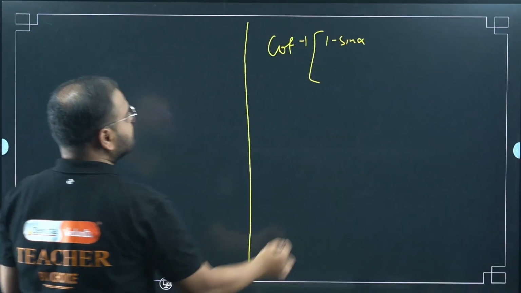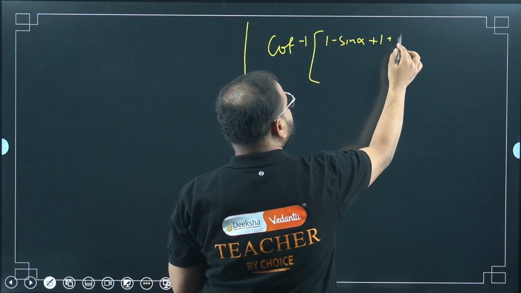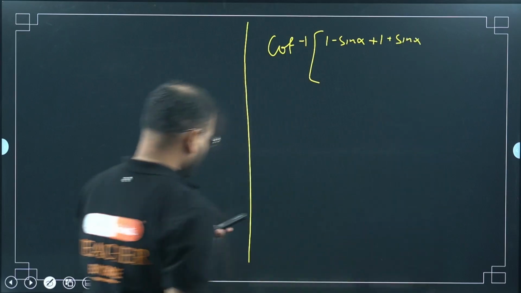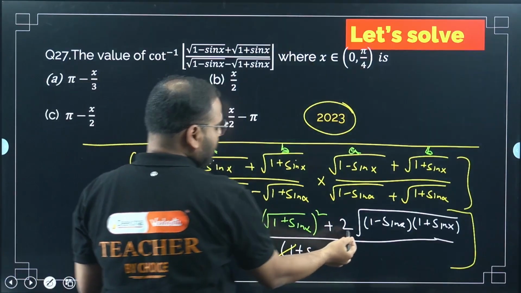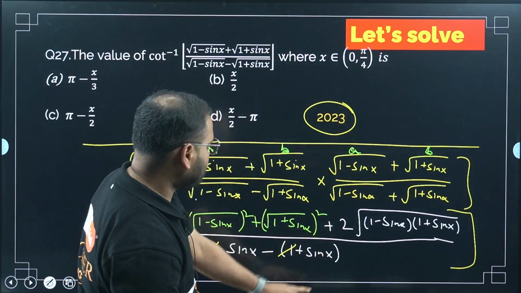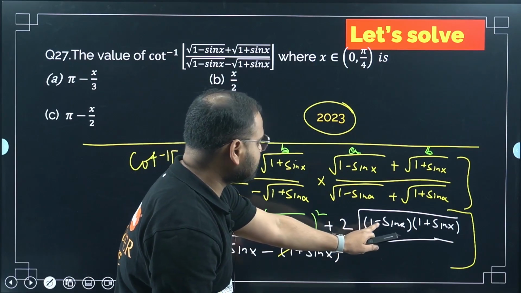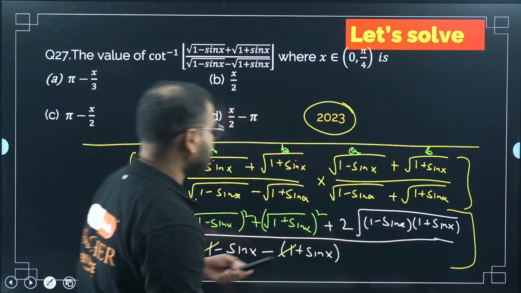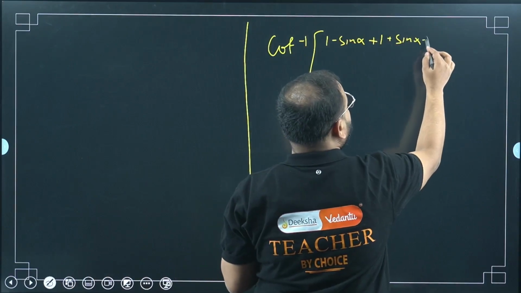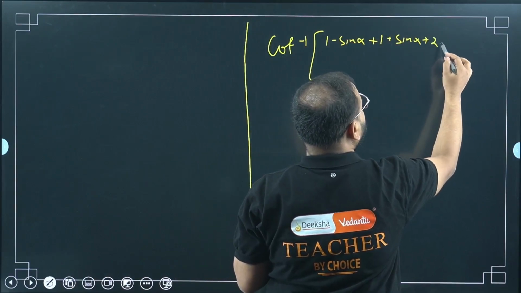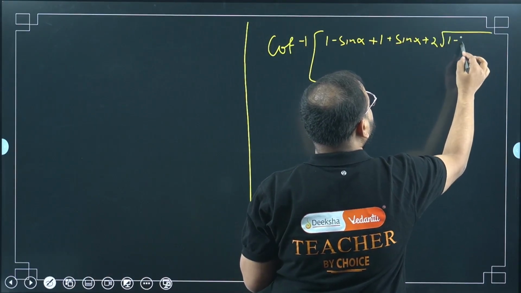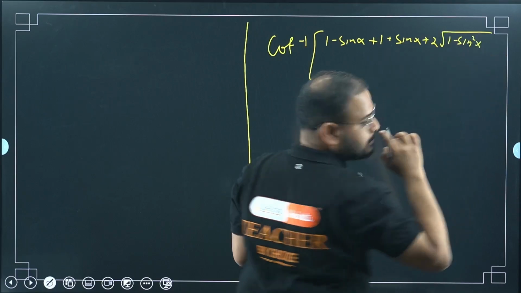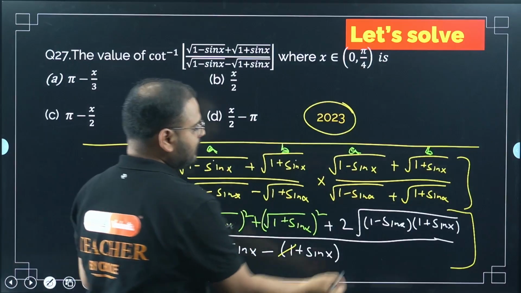Here will be 1 plus sine x. And what about this one? 2 times root of 1 minus sine x times 1 plus sine x. So write it as plus 2 times root of 1 minus sine square x. Correct, right?